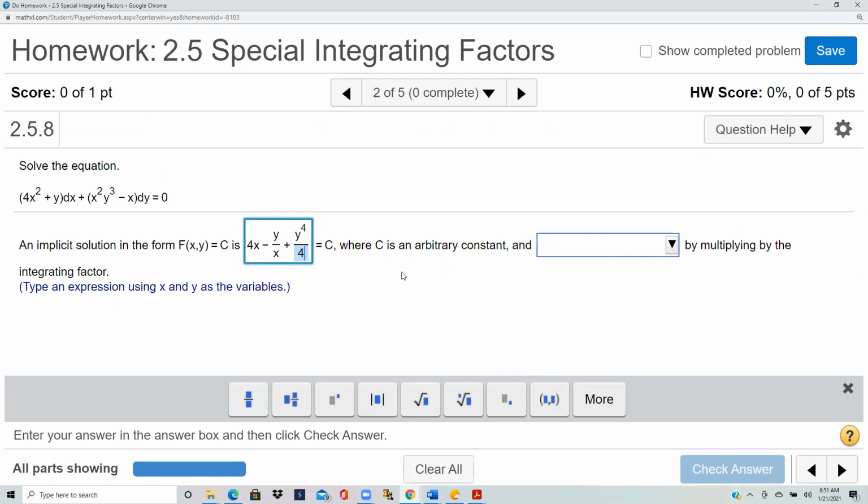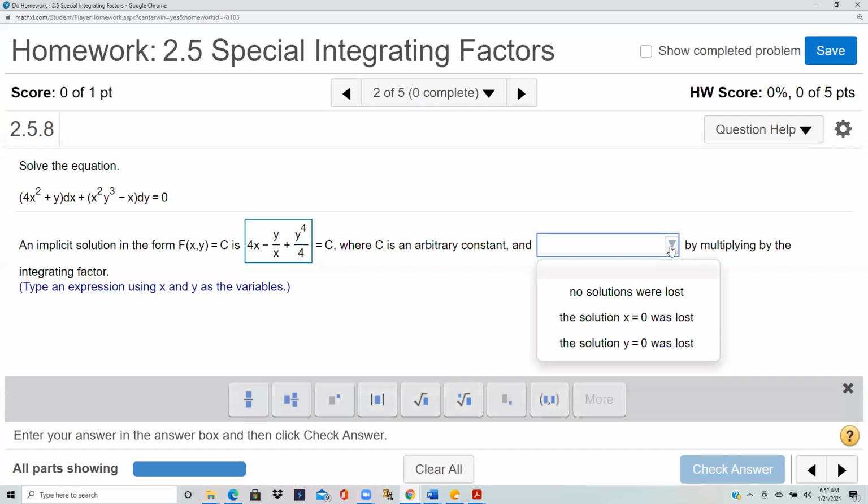And now, once again, about the lost solutions. Remember, I mentioned in the previous video that when you multiply both sides of a differential equation by a variable term, then you can lose solutions, and sometimes you can also gain them. But here, because of the options they have, it will only be a lost solution or a no loss solution case.